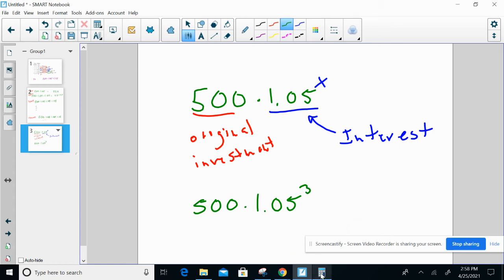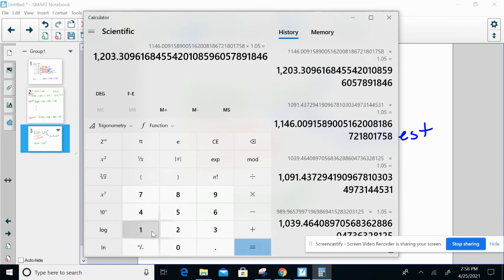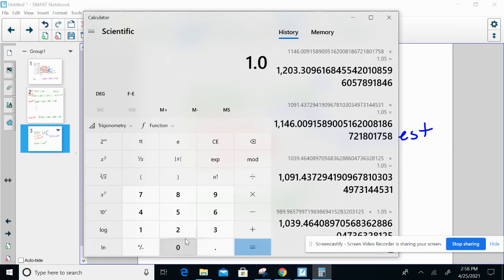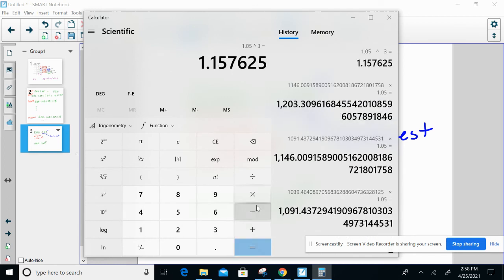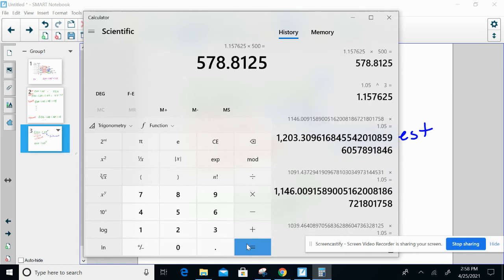All right. So you would do 1.05 up to the third power, and then times 500. There it is. You can check your table. It should be 578.81. What about over 18 years? You would do 1.05 up to the 18th power times 500.